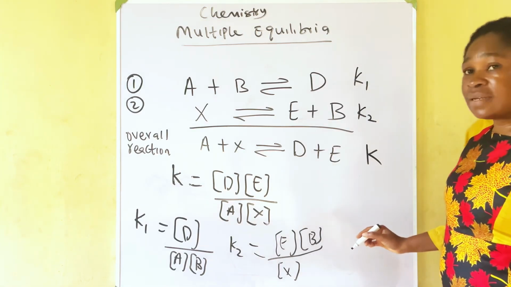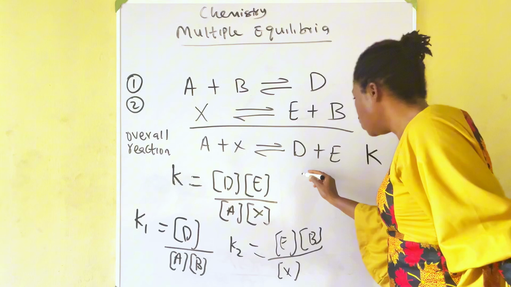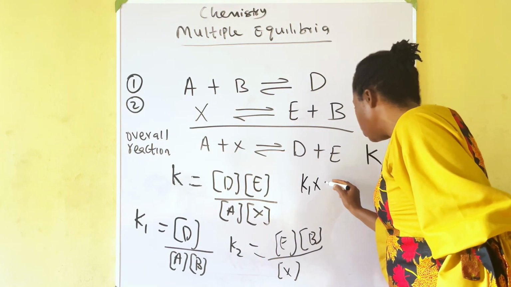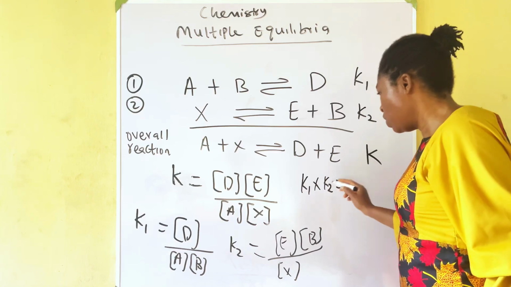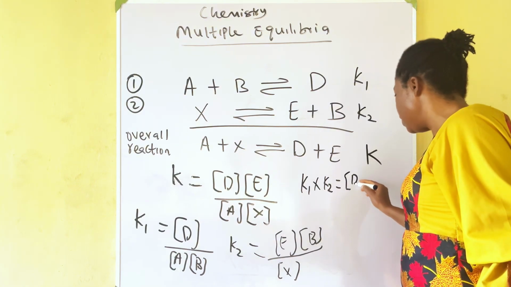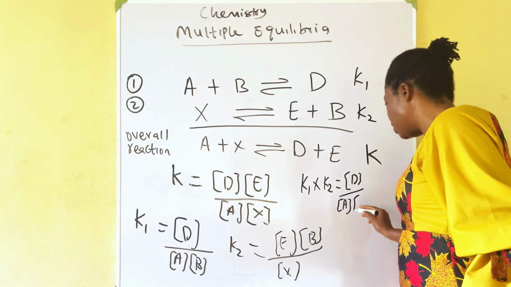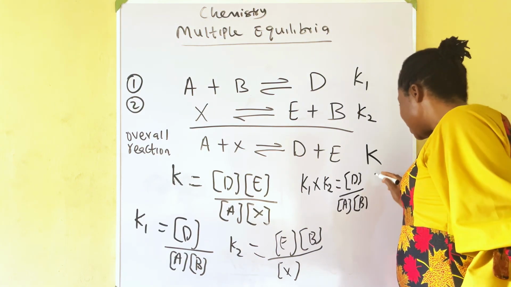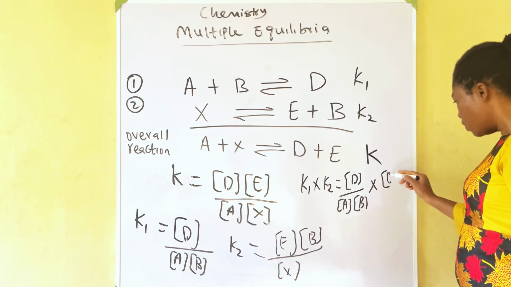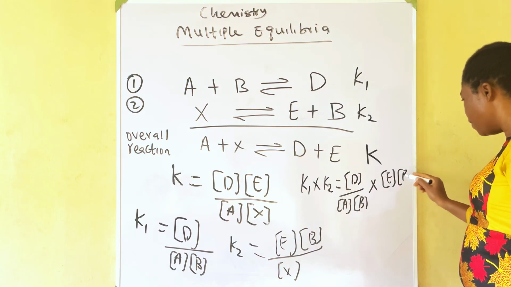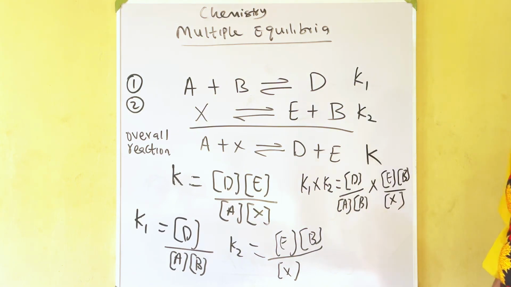Okay, look at this. We're going to multiply K1 by K2. So K1 times K2 is equal to, what's K1? The concentration of D divided by the concentration of A times the concentration of what? B. Times K2, which is E times that of B divided by the concentration of what? X. So look at this equation.